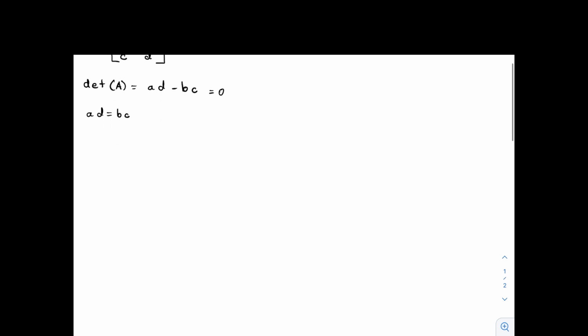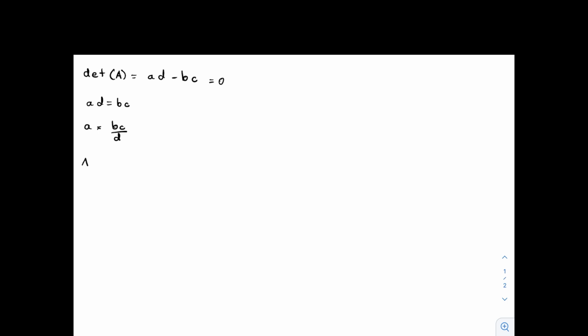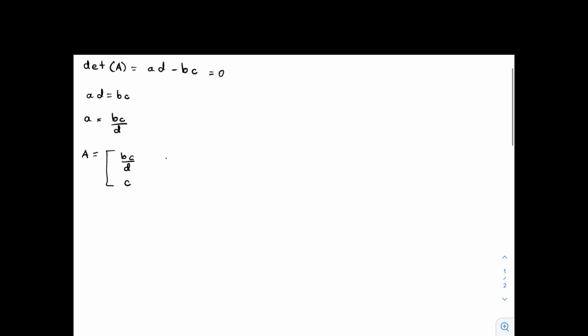And solving for, let's just say, the variable A, we get A is equal to BC over D. Well, let's plug this in. If we plug in BC over D for A, then we get to here.